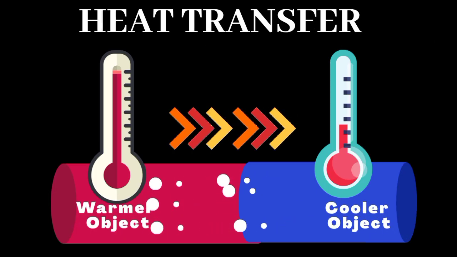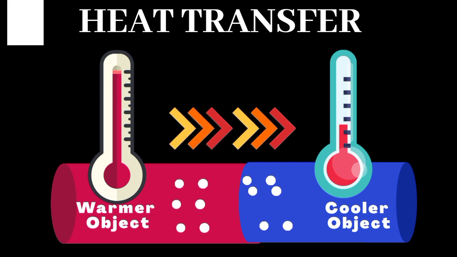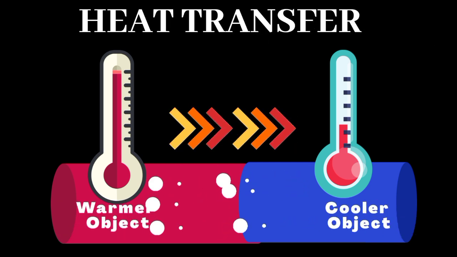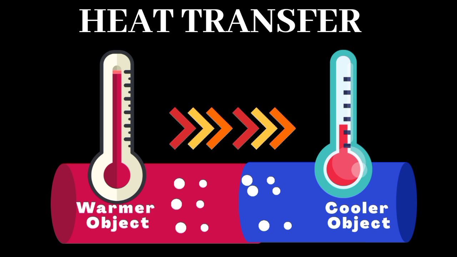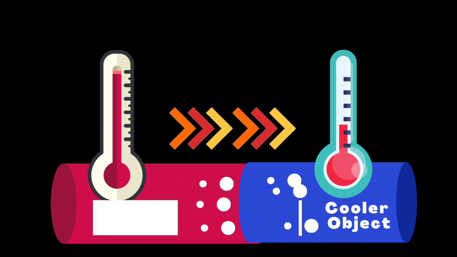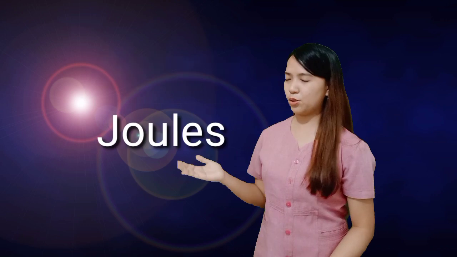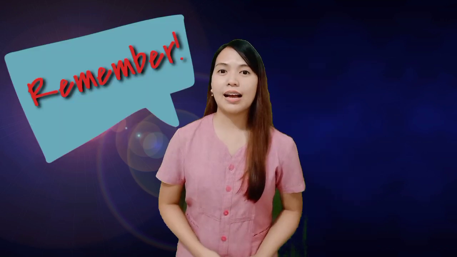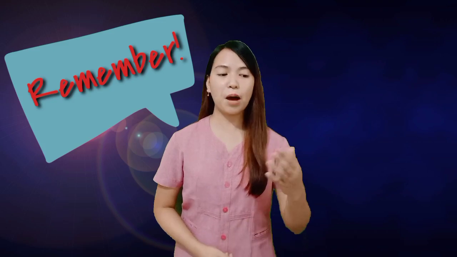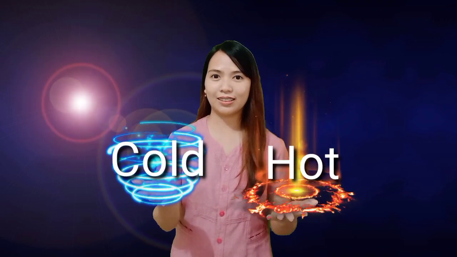So energy will travel voluntarily from an object at a higher temperature to one at lower temperature and not the other way around. Heat is measured in calorie and in joule, since this is a form of energy. Remember, heat always flows from hot to cold.